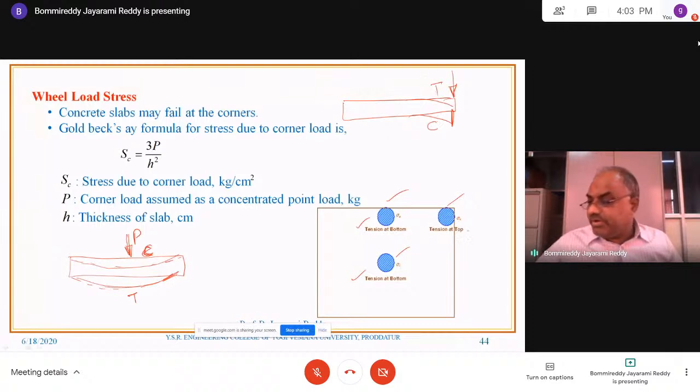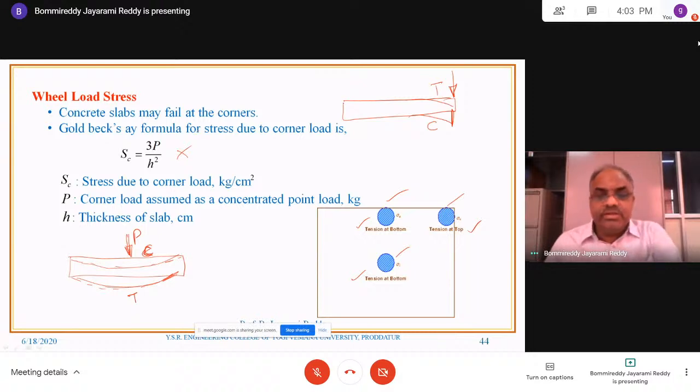So remember, at the corner, tension occurs at the top. For interior loading and also edge loading, tension occurs at the bottom. This is more important, where the tension occurs, top or bottom, because of different types of loads. And don't remember the formula.